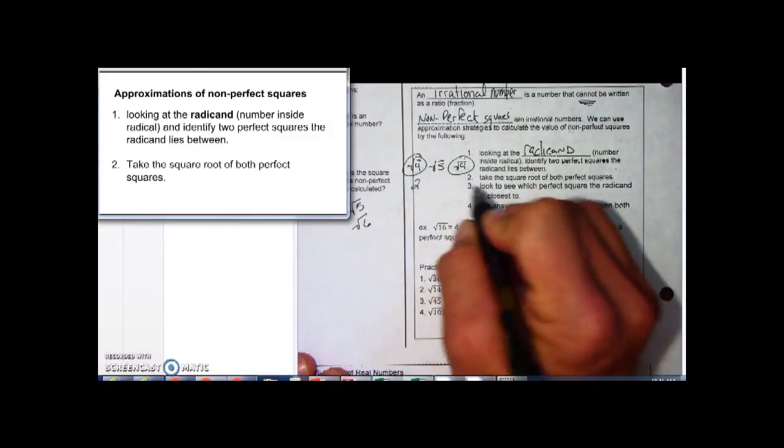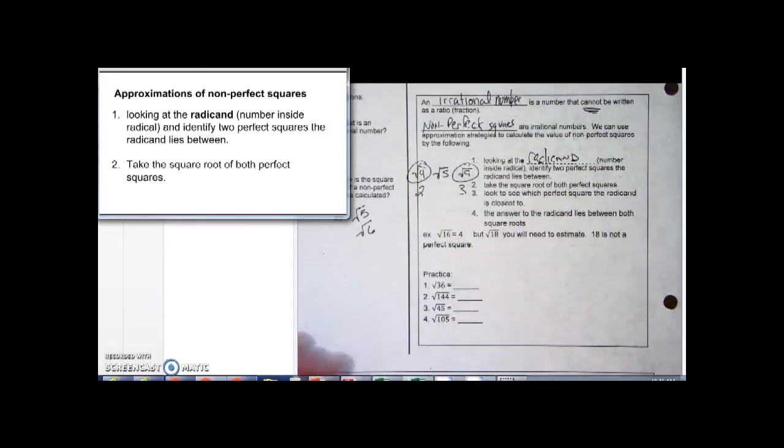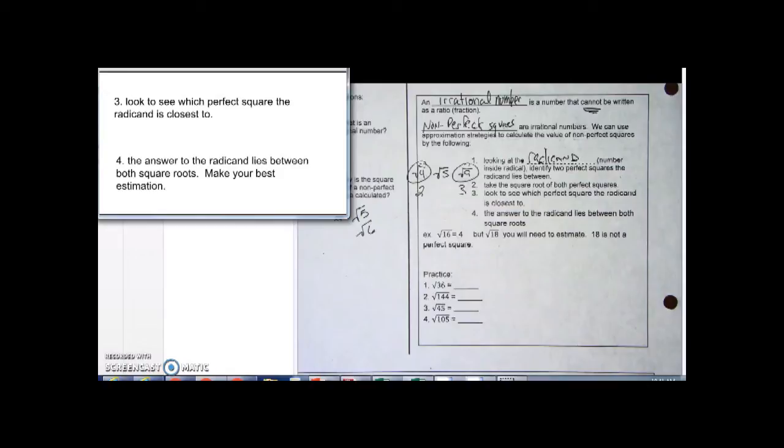What's the square root of 9? 3. So which do you think it's closer to? 2 or 3? 2, because 5 is really close to 4. It's a lot closer to 4 than it is to 9. Look to see which it's closest to. In this case, it was closer to 2. And if the radicand lies between both square roots, make your best guess. It is about estimation.